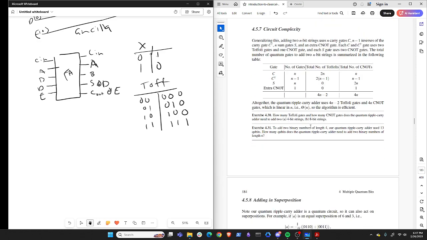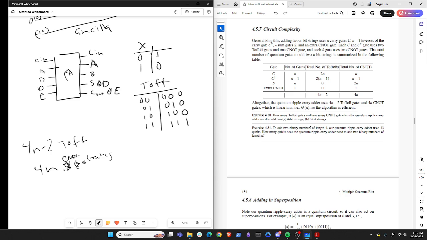Circuit complexity, not exactly sure if they're going to quiz us on this, but basically how many gates are involved. So the full adder is composed of a certain number of gates. The quantum ripple carry adder that they implement in the book has 4n minus 2 Toffoli gates and 4n C0 gates.